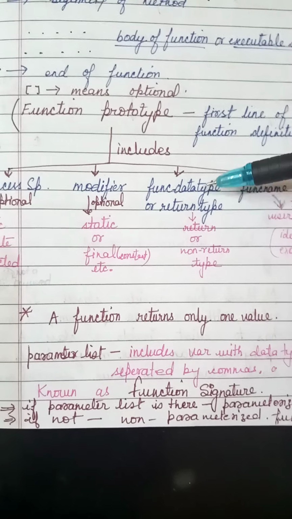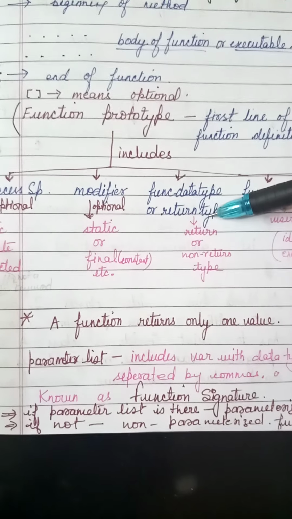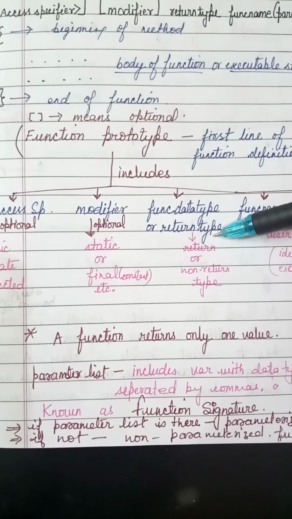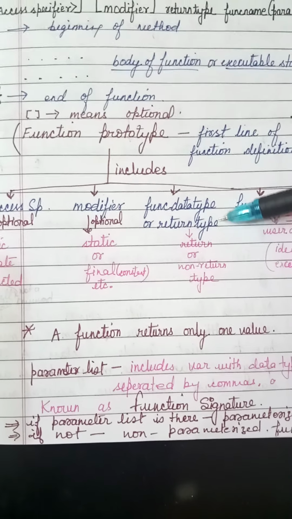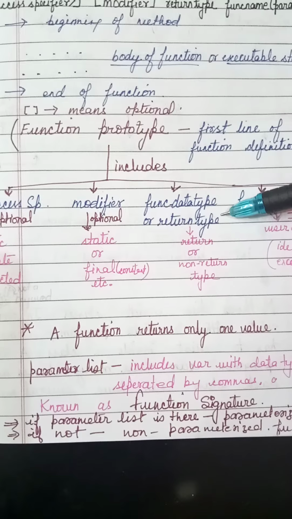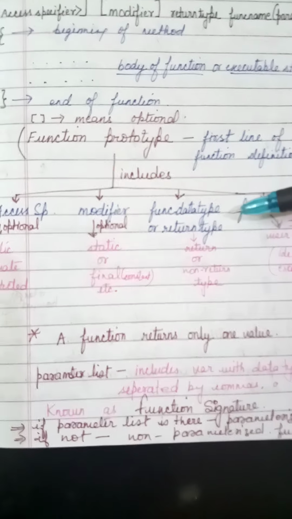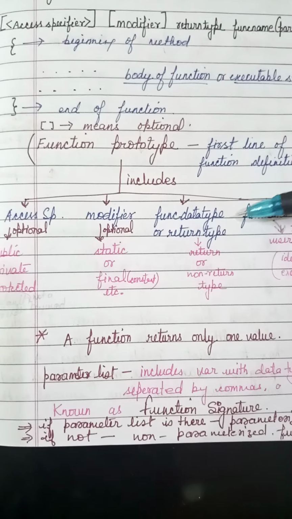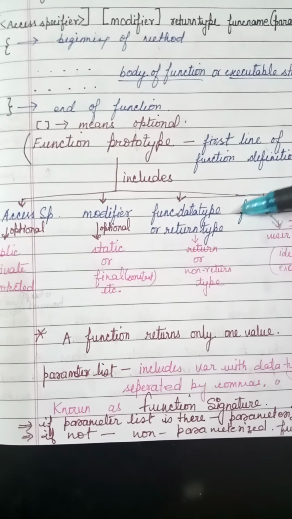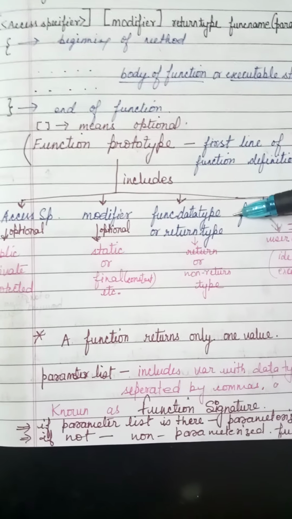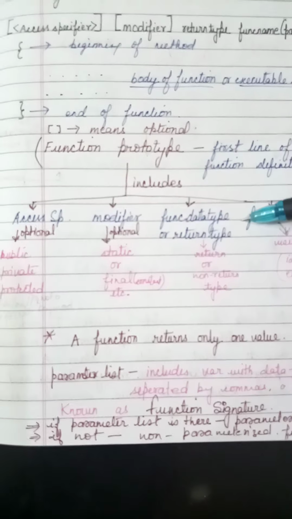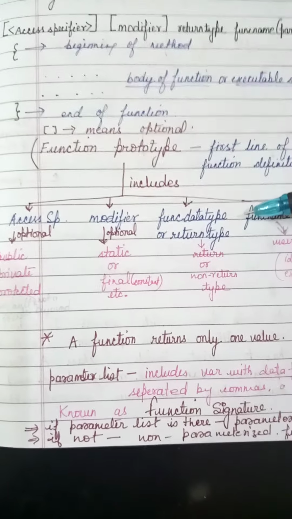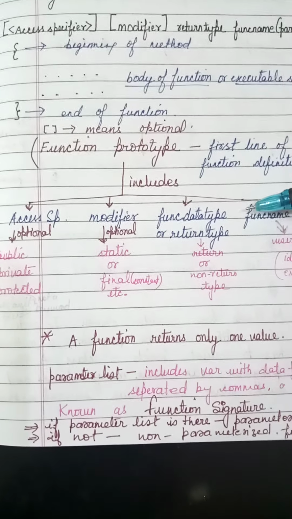Then function data type or return type. It is supposed that if you are writing a function, you will be returning some value. If you are performing any task, you will be getting some result. So every function should return a value. But it's not compulsory that you will be getting any result or return type in each and every function.